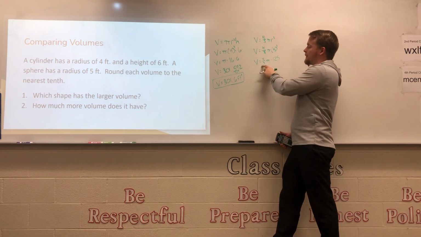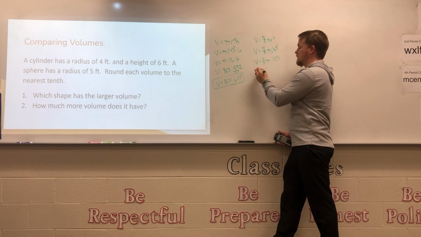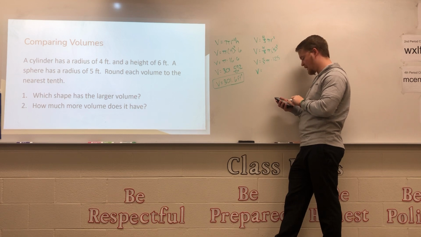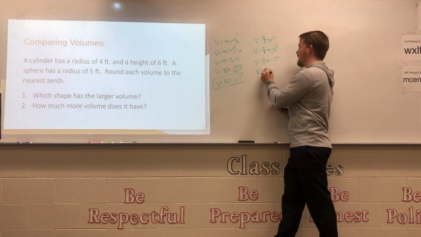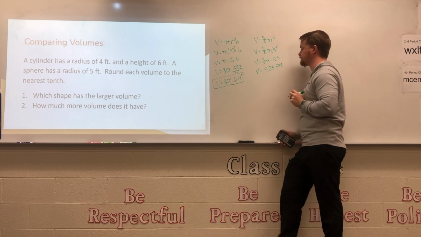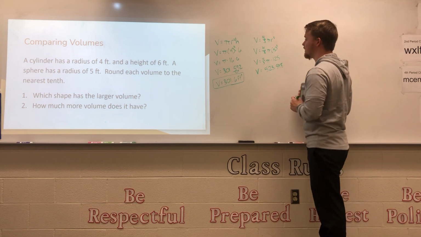Okay, so now I'm going to multiply these three out. So 4/3 times pi times 125 will give me 523.598. Again, they want us to round to the nearest tenth.